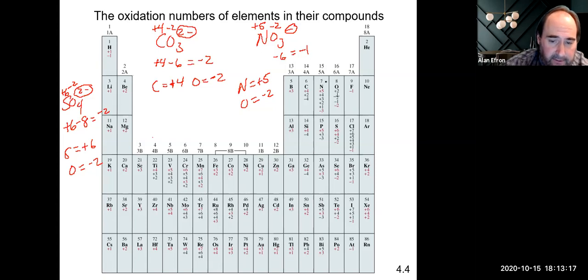For example, here's our nitrogen. It might be hard to see, but some are in red, and most commonly those are the common oxidation states you see. -3 is a red one, so it's actually +5 that we just did there.